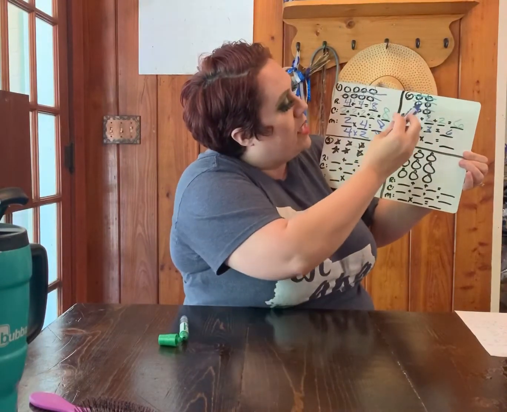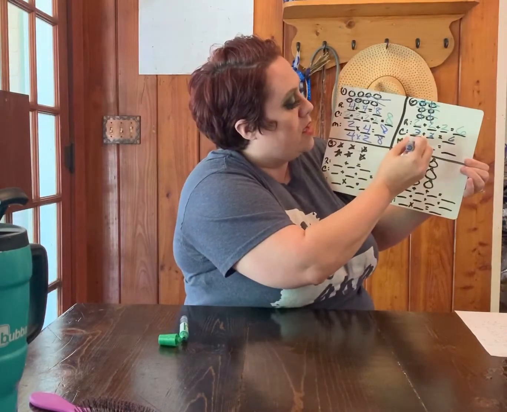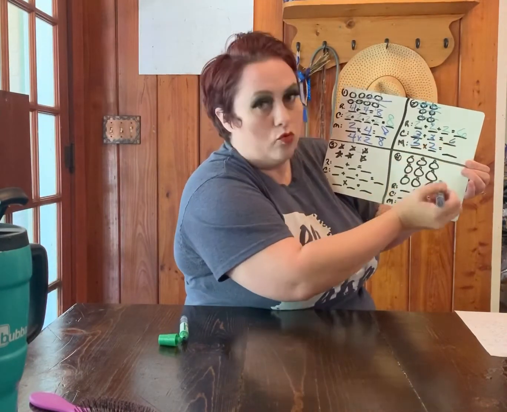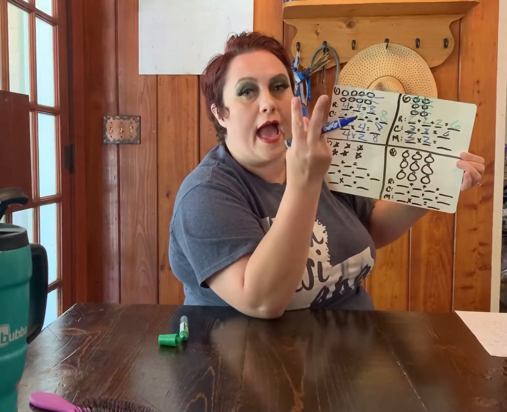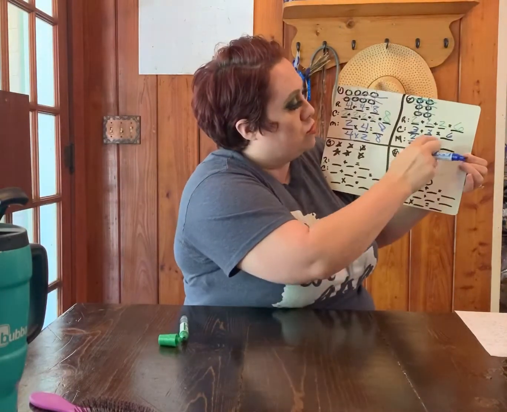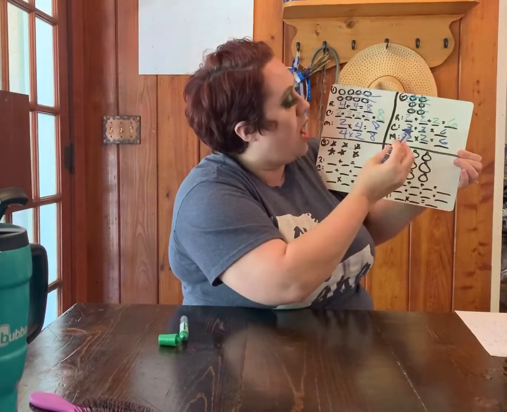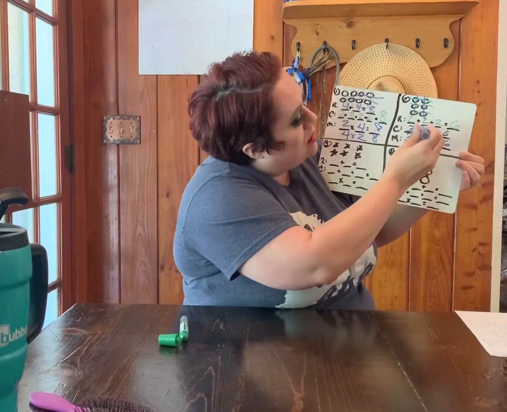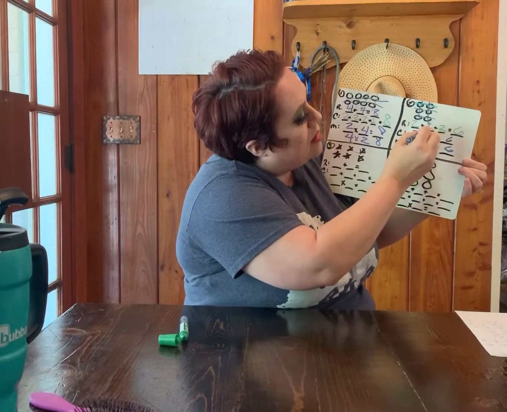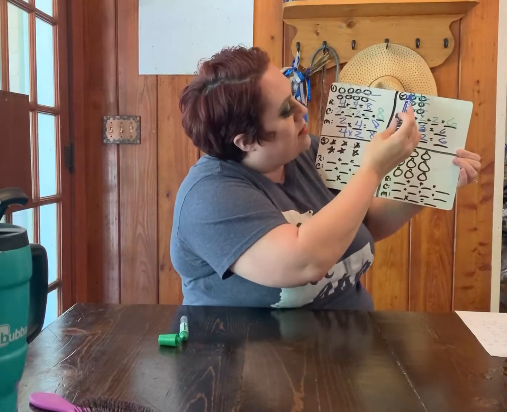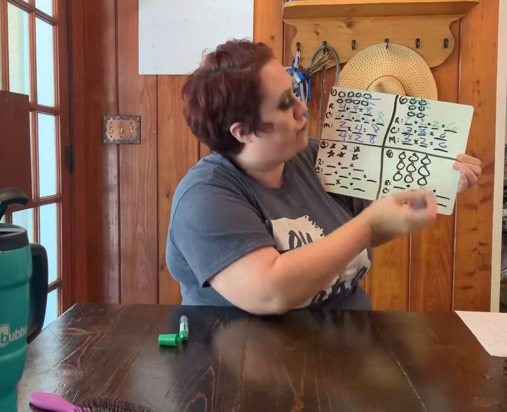So if we did 3 rows of 2, our multiplication problem would be 3 times 2. That's saying you're taking the number 2 and adding it 3 times. So 2 plus 2 plus 2, 3 times 2 is 6. If we took our columns, we had 2 columns of 3.